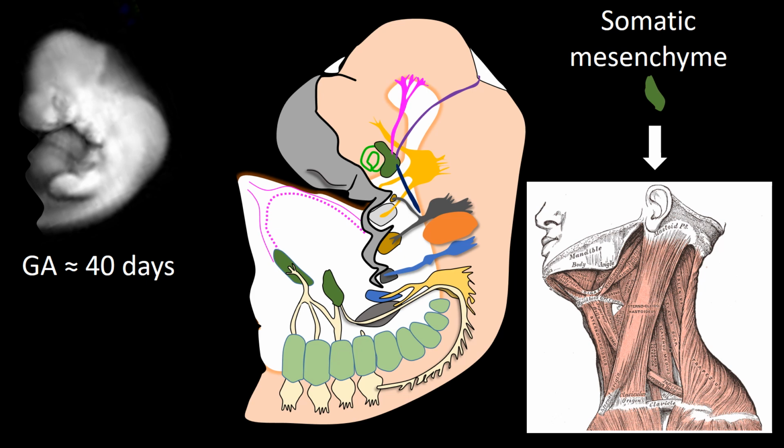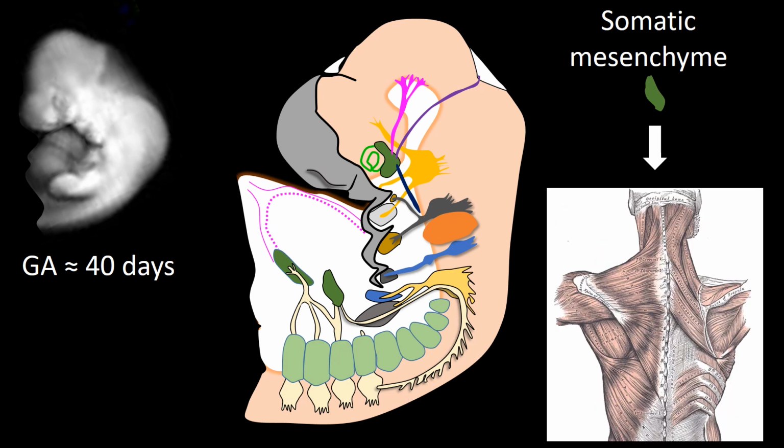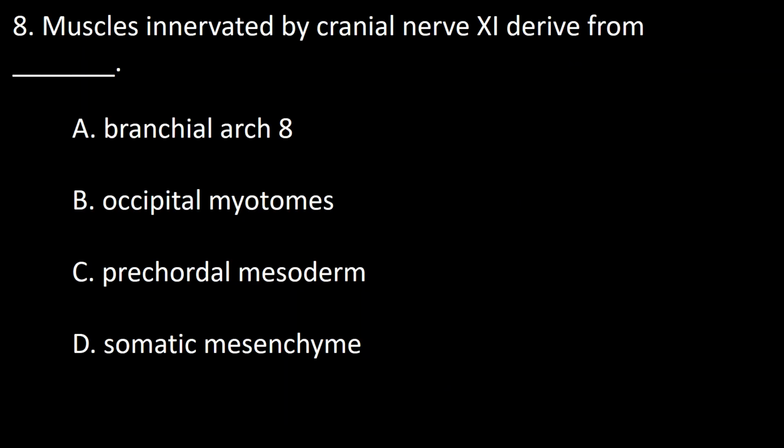So, as shown in this frame, from the island of cervical somatic mesenchyma arise the sternocleidomastoid muscle and the trapezius. The lower part of the trapezius is probably innervated by cervical derived nerves. So the answer to this question is D.